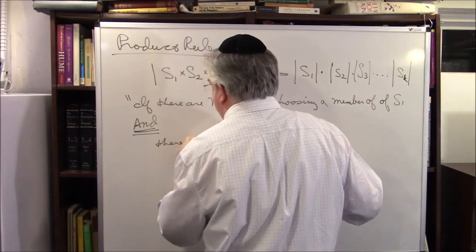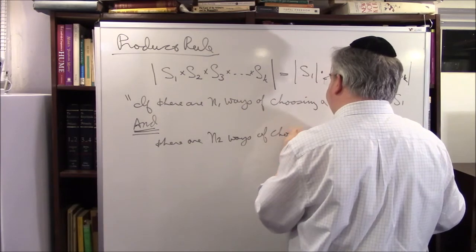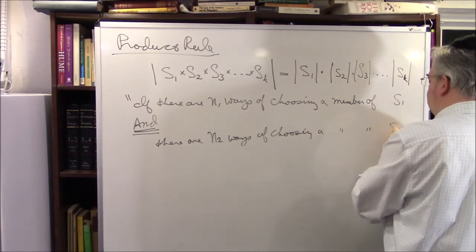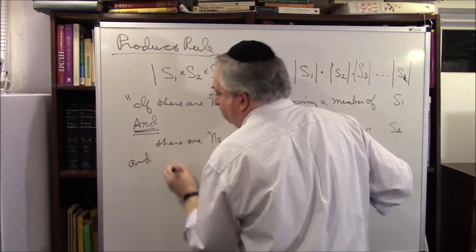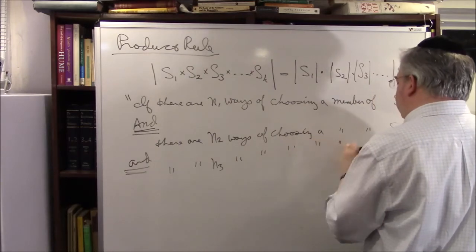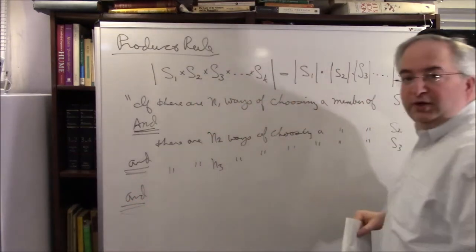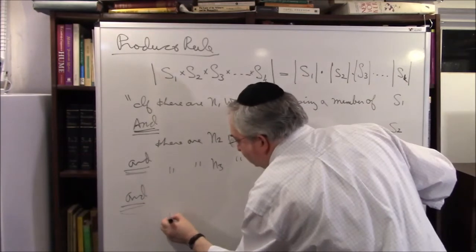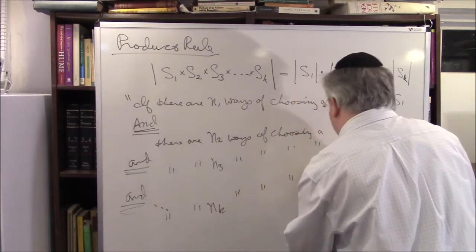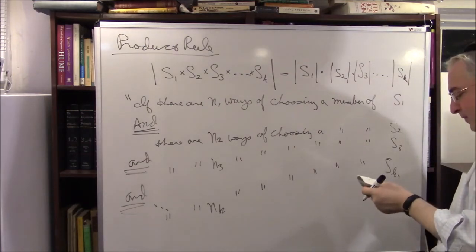there are n2 ways of choosing a member of S2, and there are n3 ways of choosing a member of S3, and I know this is not correct English to put in all the n's, too bad, okay, there are nk ways of choosing a member of Sk.